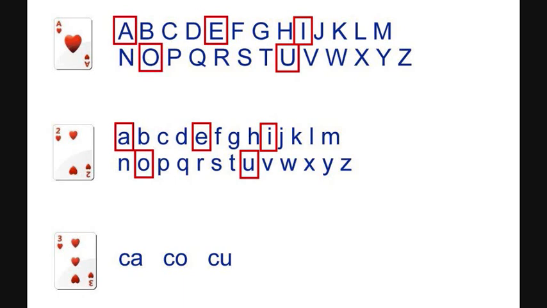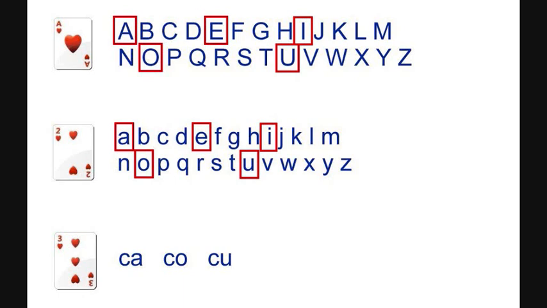In words, sometimes the vowels sound like this: A, E, I, O, U. Sometimes they sound like their names: A, E, I, O, U.